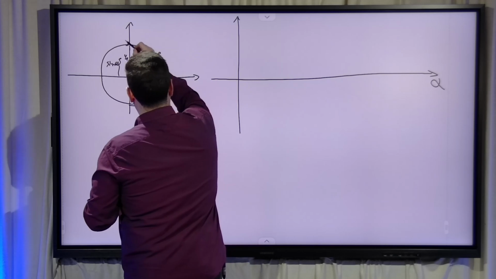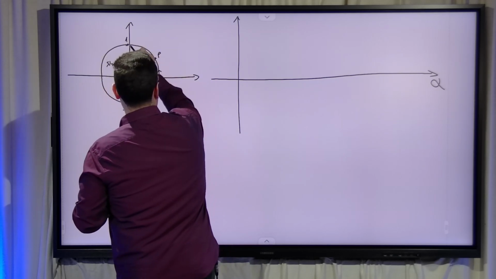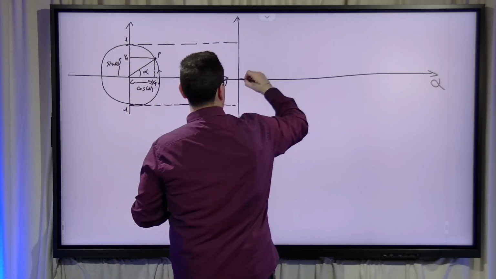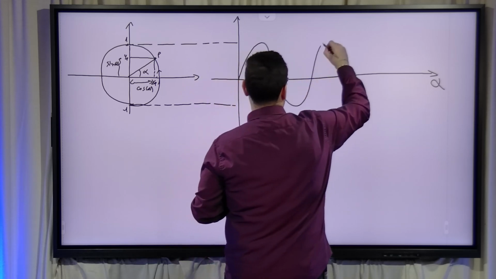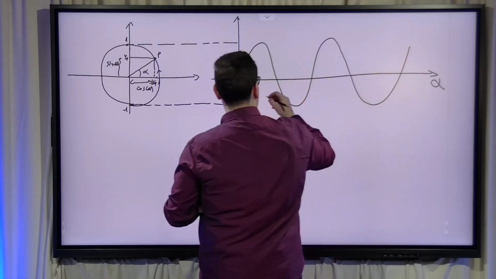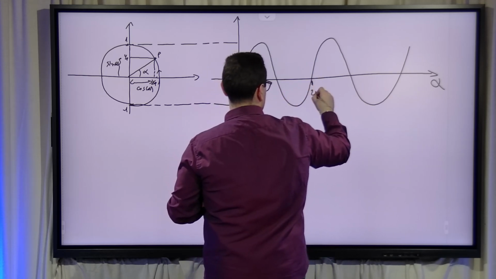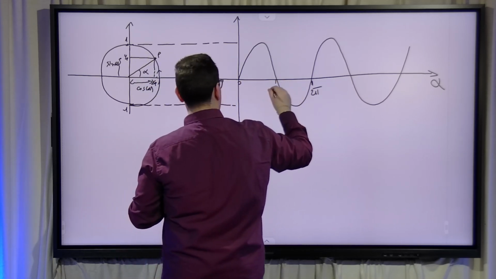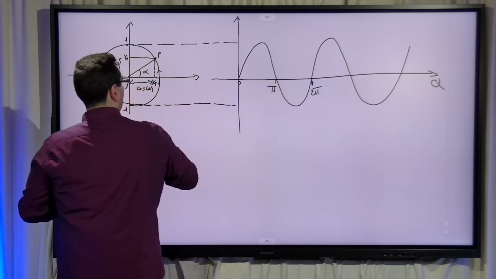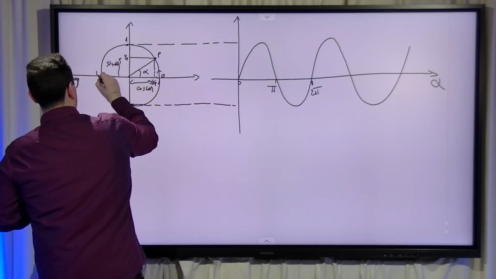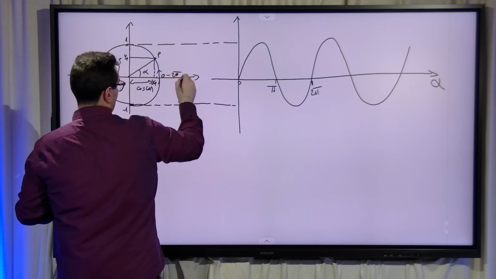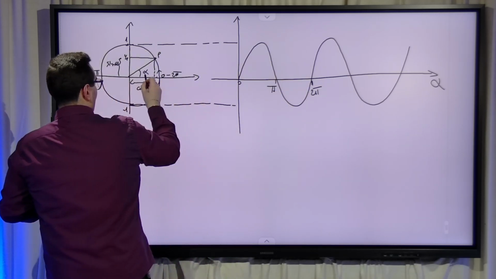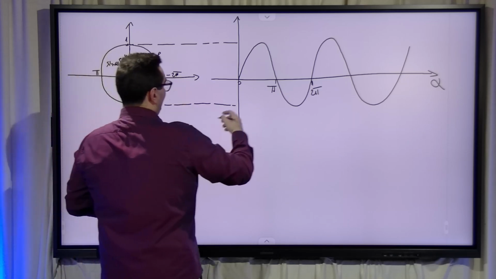So this is 1, this is minus 1, and I can draw it like this. This is 0, this is pi, and we have also 2 pi here. So I'm drawing the graph of the sine with alpha that goes from 0 to 2 pi.